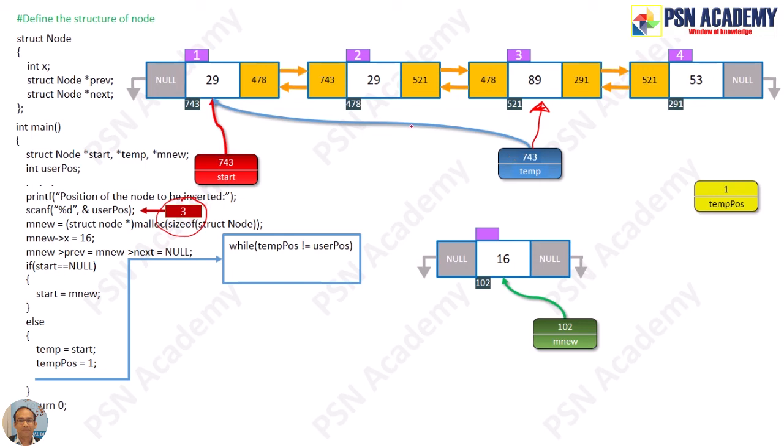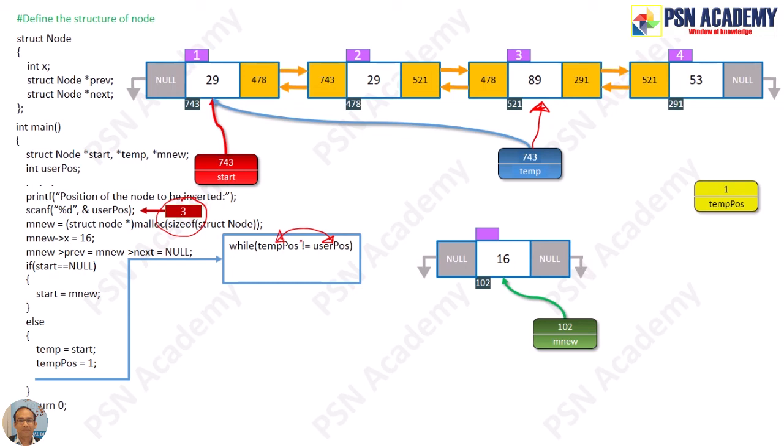So we have to take the temp from the first node to that position provided by the user, right? Every time the temp is positioned over a node in the list, we match whether that temp pose is equivalent to the user pose or not.